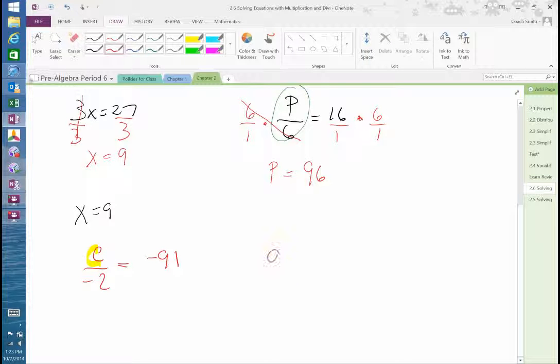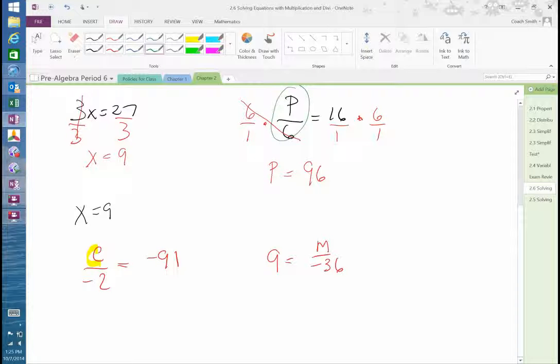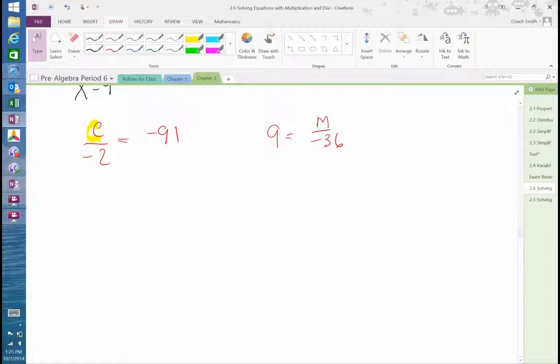And then 9 equals m over negative 36. Okay, try those two. Okay, Haley Shields, what did you get for the first one? Negative what? Close.